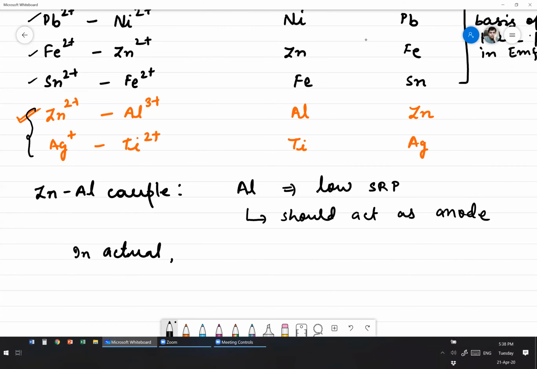But in actual, zinc undergoes corrosion. Zinc acts as anode when it is coupled with aluminum metal.